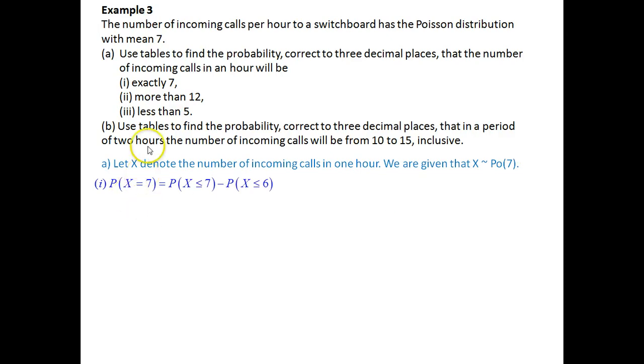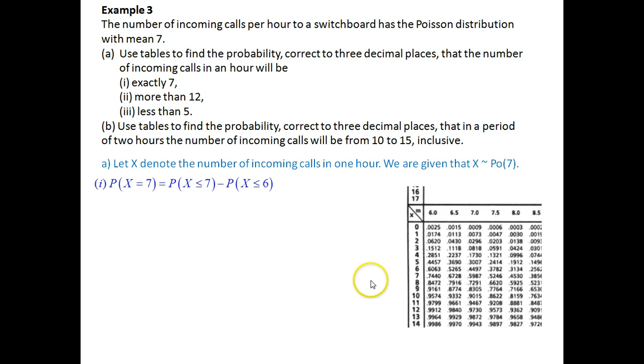Therefore, we want exactly 7 using tables. So there's our tables. So our lambda is 7. So you're looking at m is 7, and you want equal to 7. You could put that into the formula, but you could just as easily look at total probability up to 7, and take away the total probability up to 6.